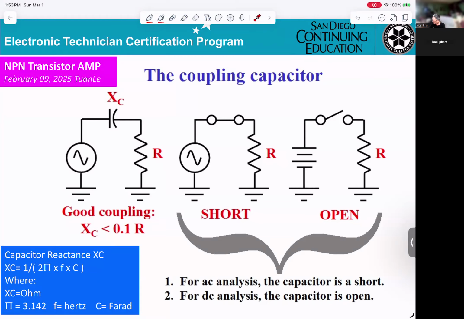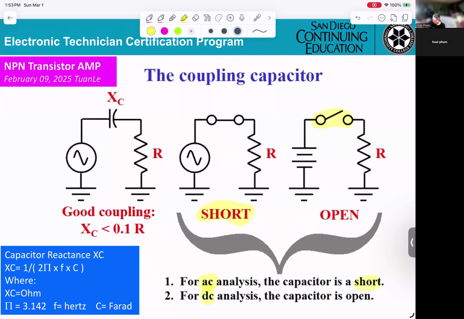For the AC signal, the capacitor will be shorted, and for the DC, the capacitor will be open. For AC analysis, the capacitor is shorted.